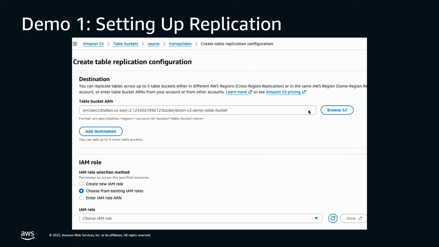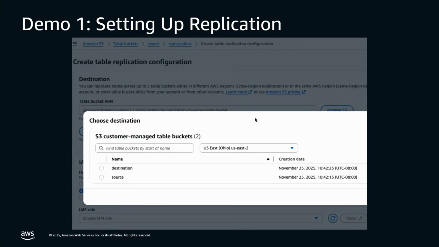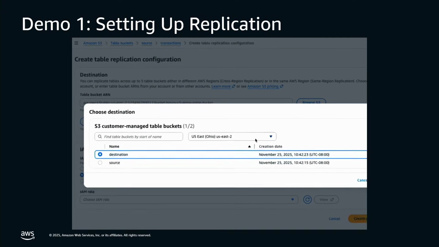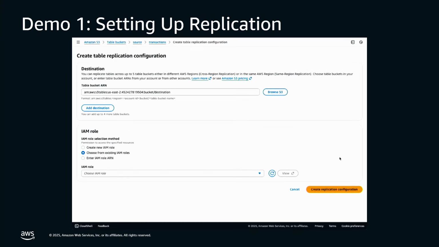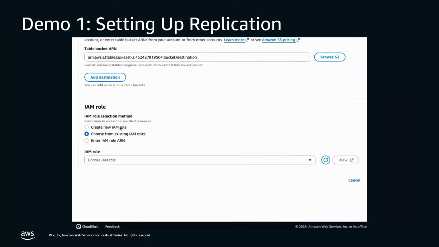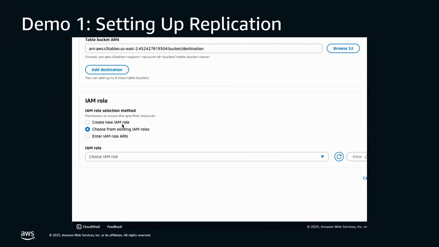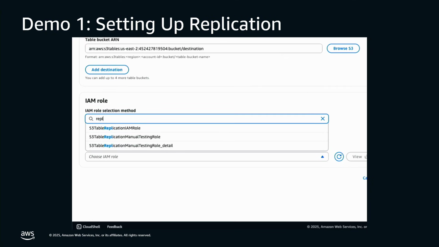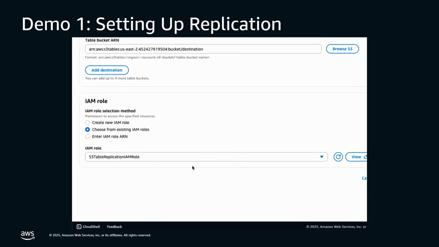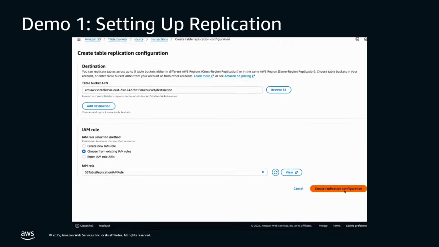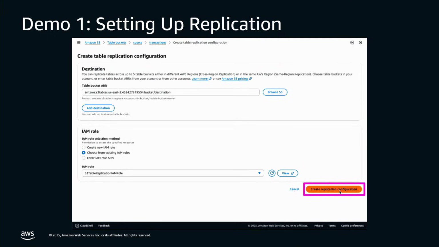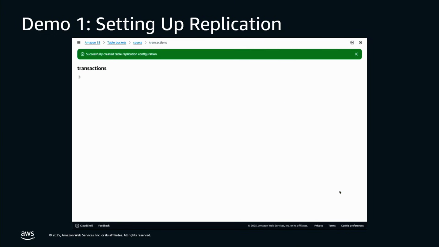We want to choose Aritra's table bucket, which is destination, conveniently. We'll submit this choice. And then we'll choose an IAM role that replication will use to replicate our data. This role contains permissions for the source and the destination table bucket. I have already created a role, so I'm going to select it here. And then I'm going to submit the replication configuration. So basically 2 parameters to set it up: the destination and the role.